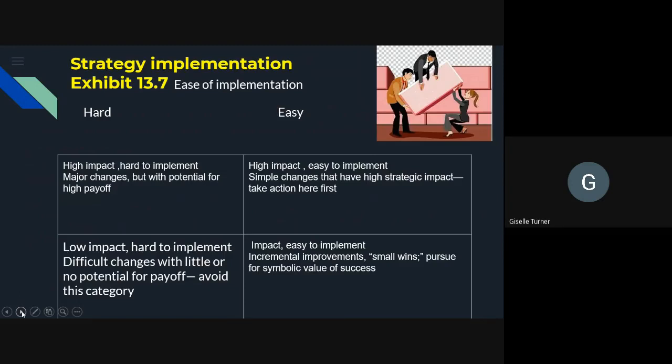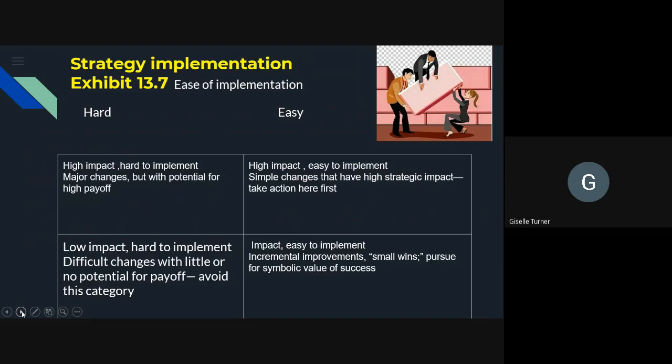So we have a little chart here. It is actually Exhibit 13.7, which was a bit difficult to reproduce, but I will try my best to explain what it is. So we are looking at ease of implementation. On one side, we have what would be high strategic impact. That may be a bit difficult.